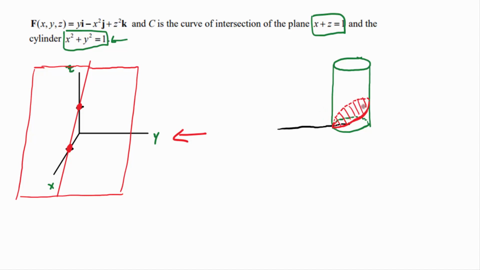Does that seem reasonable to you? So that's what we're talking about as our C. And then we're going to parameterize it. Looking down on it, that would be the counterclockwise parameterization, so that your normal vector points like that. Does that make sense? Okay, so that gives us an idea of what curve we're talking about.